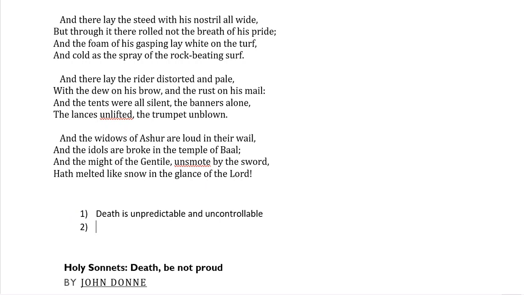And your idea about the sublime there, of course, is that death is far more powerful than humans and humanity. It is a sublime force.